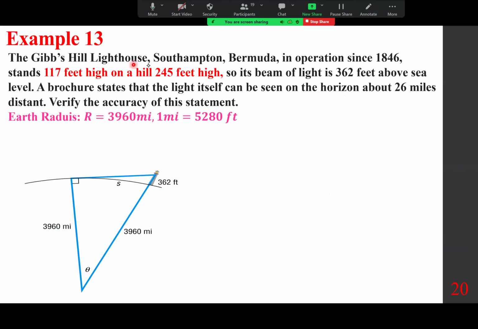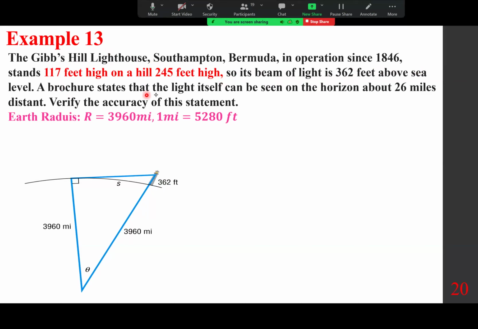The Gibbs Hill Lighthouse, Southampton, Bermuda, in operation since 1864, stands 117 feet high on a hill, 245 feet high. This is the sum of these two numbers. So its beam of light is 362 feet above sea level if we add these two numbers.